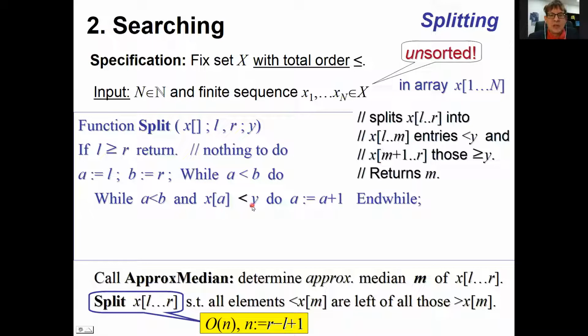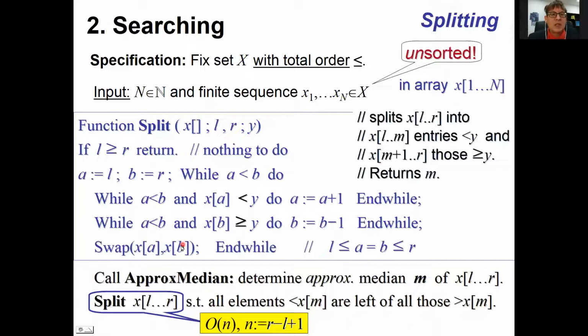If that is left, then it already is left and there's nothing to do, so we leave it in the left part and increase the index. If it is greater or equal, then we decrease the right part, and otherwise, if the two entries are in the wrong position, we swap them. So we put x of a into x of b and x of b into x of a.